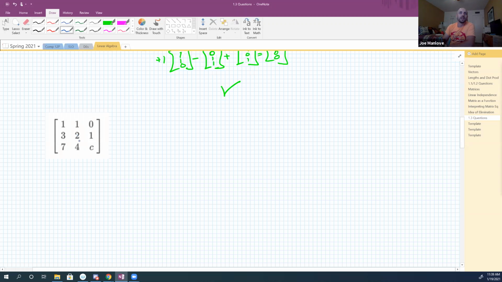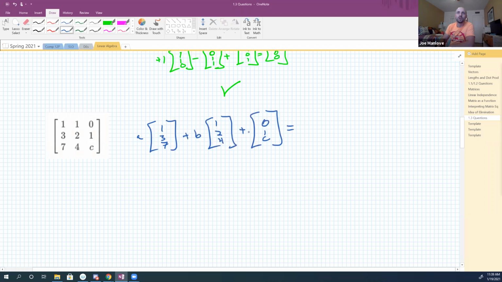If I'm going to get A times 1, 3, 7 plus B times 1, 2, 4 plus D times 0, 1, C to equal the 0 vector, I'm going to look at that x coordinate.